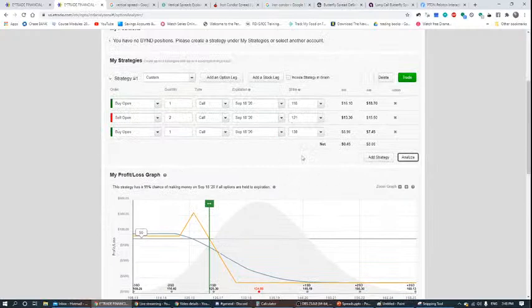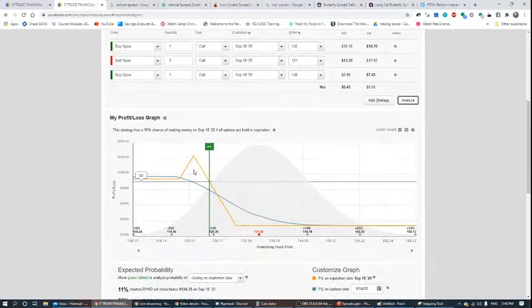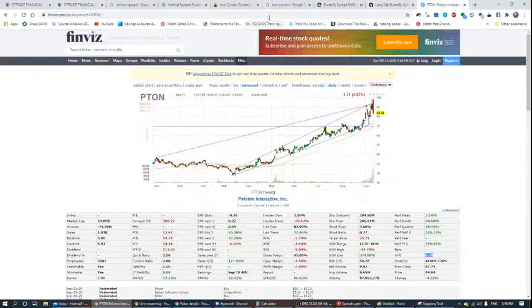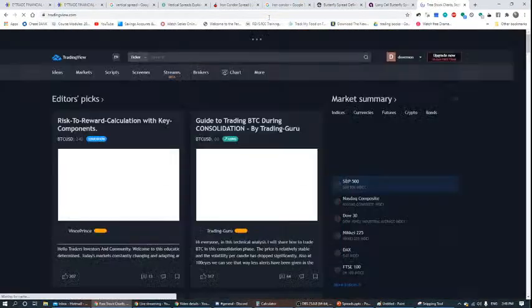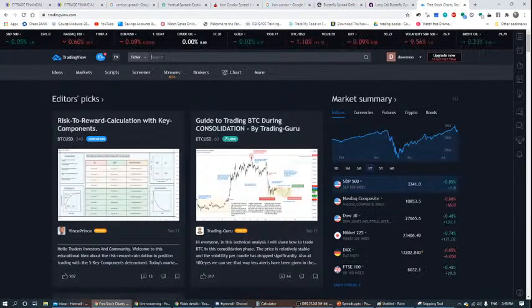So this one's a little wider, but it's just really far away from the money. Will Beyond get there? I don't think so. We have to look at Beyond's chart, basically. So TradingView, and look at Beyond.